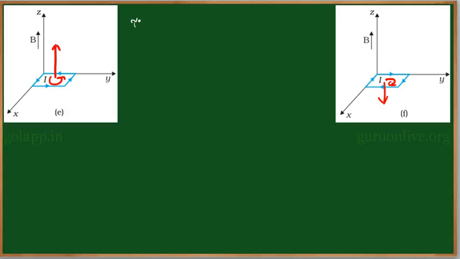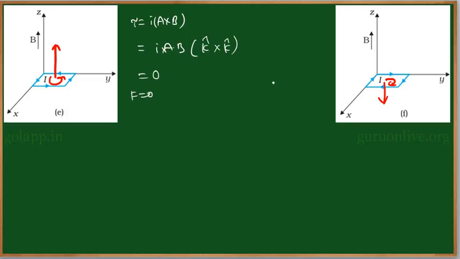Then tau is equal to I into A cross B, that is equal to I into A into B. A direction is towards the z axis, so I can write k cap. B direction is also towards the z axis, so I can write k cap. k cross k is 0, so tau is equal to 0, force is equal to 0.